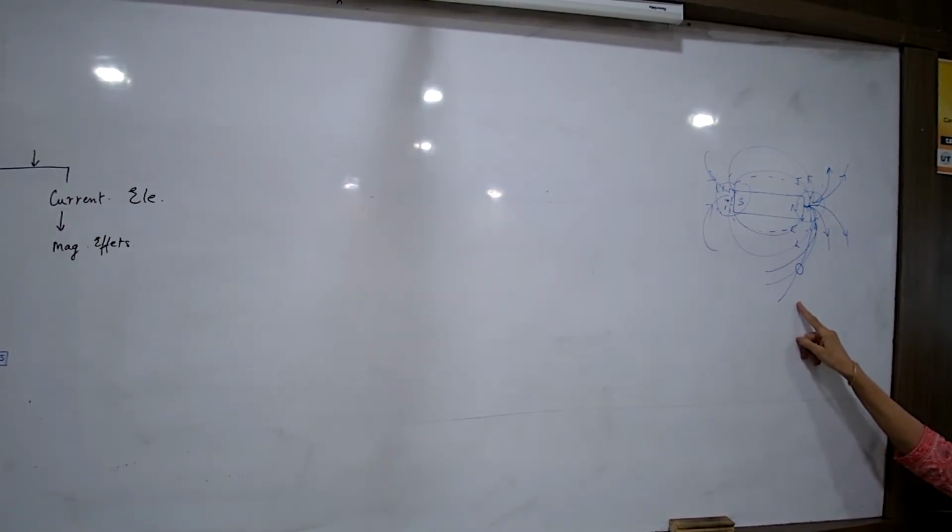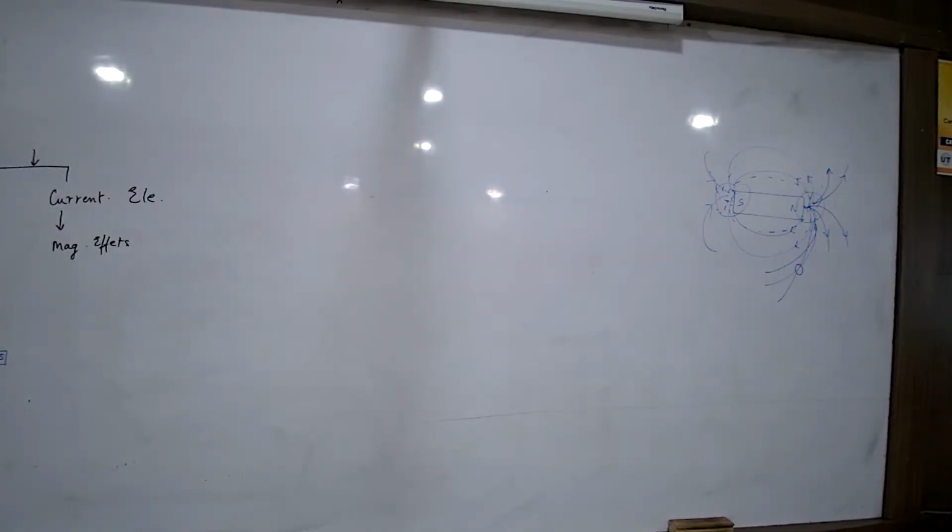We are talking about the lines which are never going to intersect. Last point. No two field lines cross each other. When I use the word field lines, it obviously means it is a magnetic field. They do not cross each other.